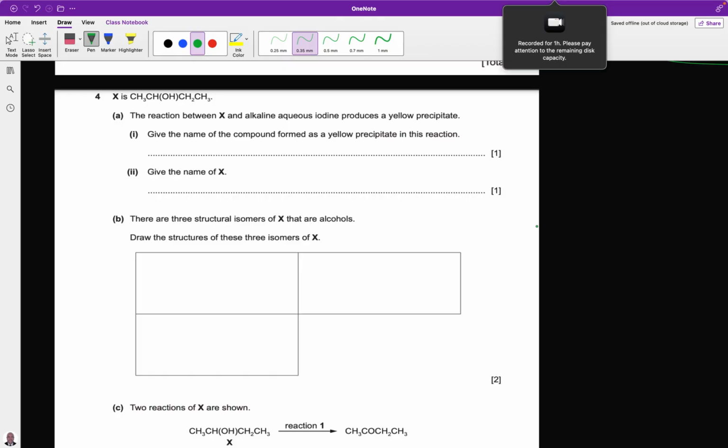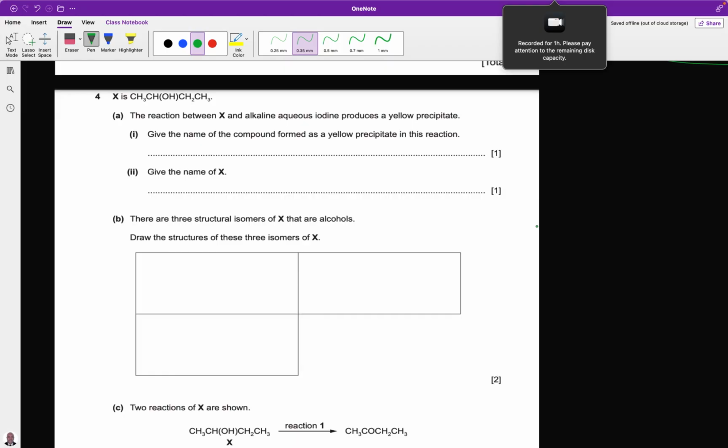Another question has to do with alcohols. X is CH3CHOHCH2CH3. The reaction between X and alkaline aqueous iodine produces a yellow precipitate. Give the name of the compound formed as a yellow precipitate in this reaction.